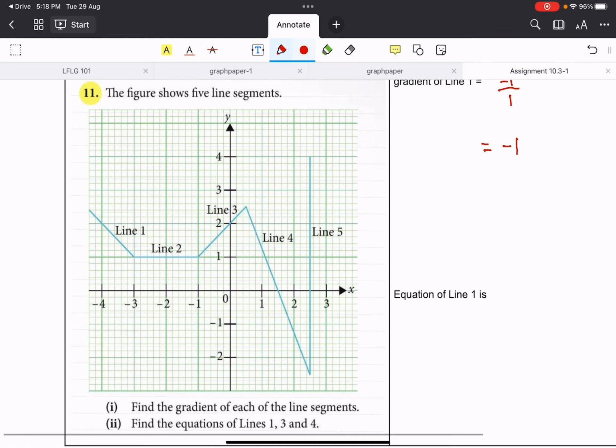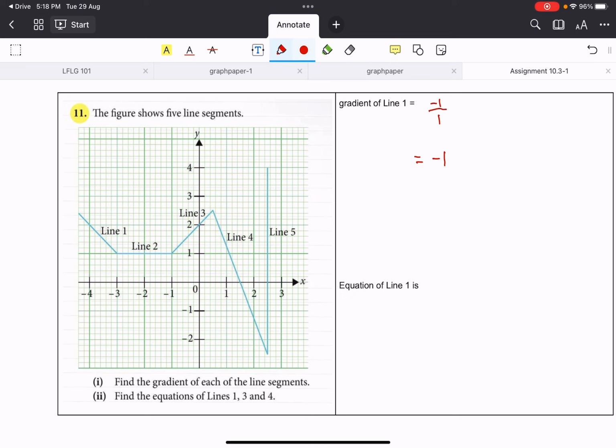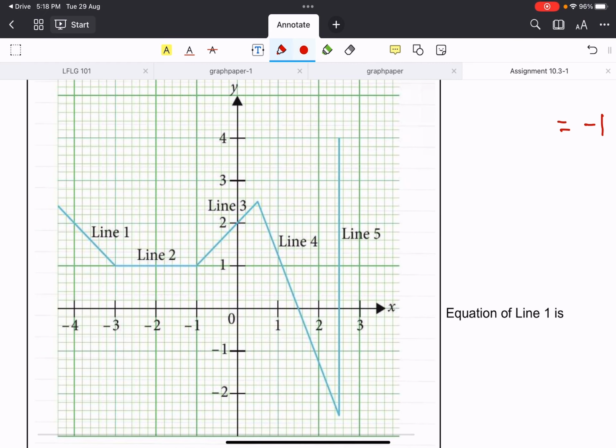What's the equation of line 1? Now that we have the gradient, what we need is the y-intercept. We know the straight line is y equals mx plus c, and we can just choose a single point on this line. Take this point: when x is -4, y is 2.